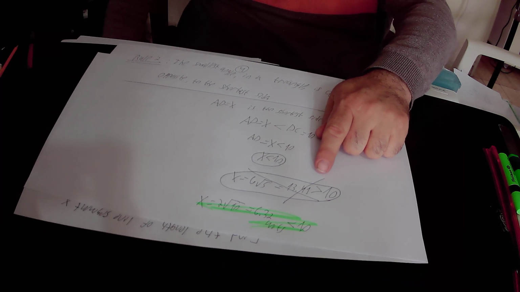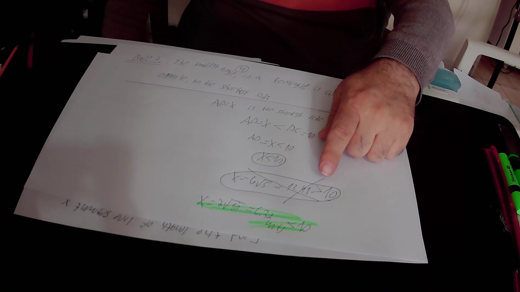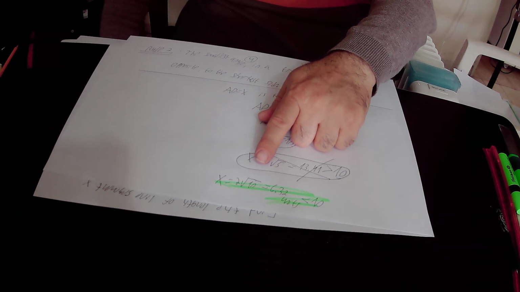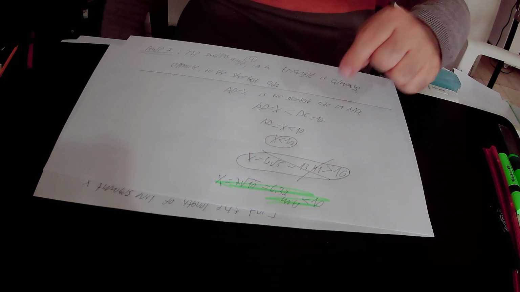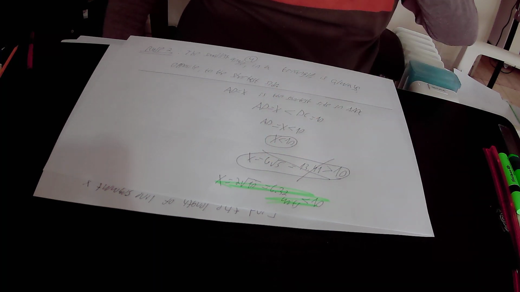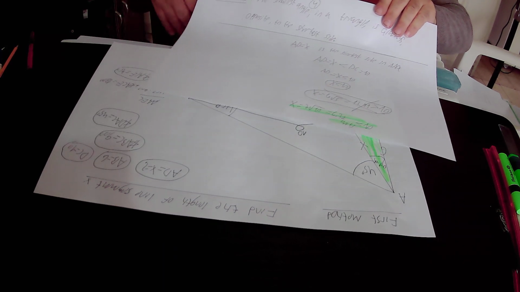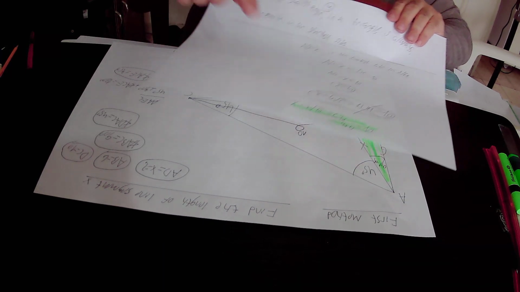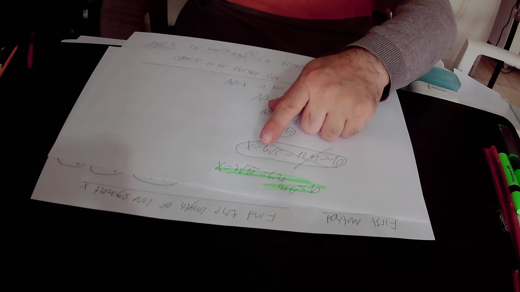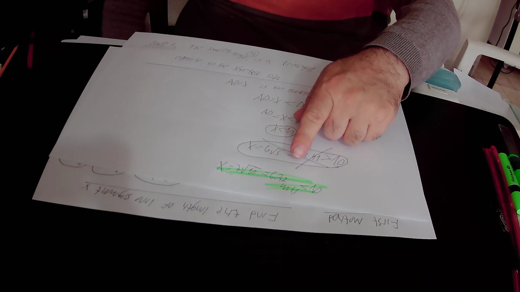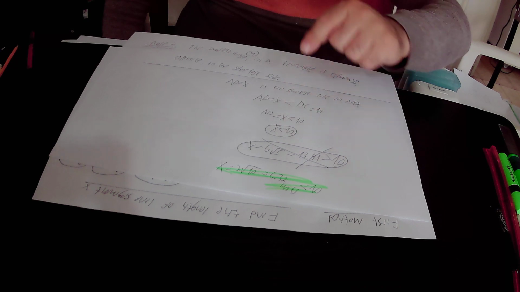We will cancel this solution, and we are left only with the solution that X equals 2 times square root of 10 units, that is 6.32, which is less than 10 units. So the answer is that the value of line segment X is equal to 2 times square root of 10 units, or in terms of numbers, 6.32 units.